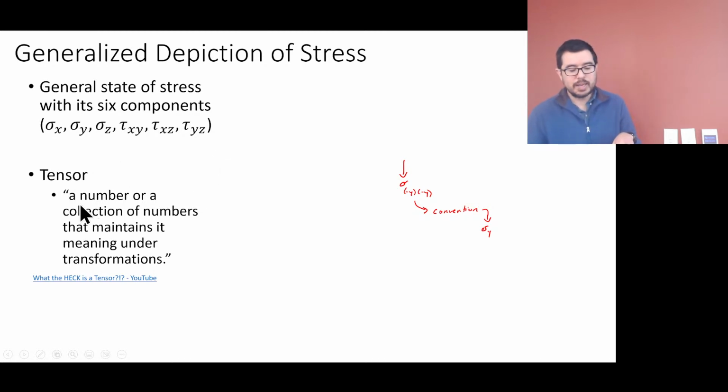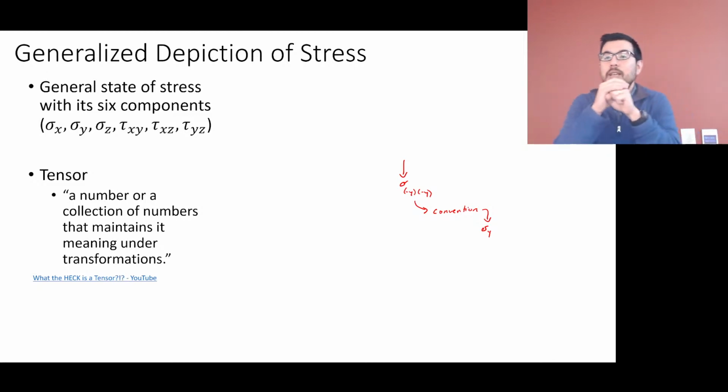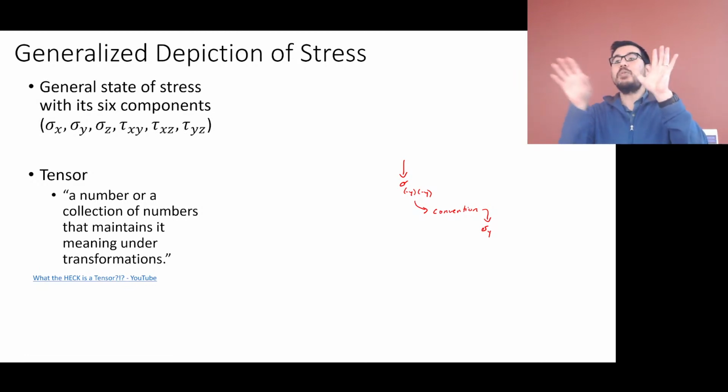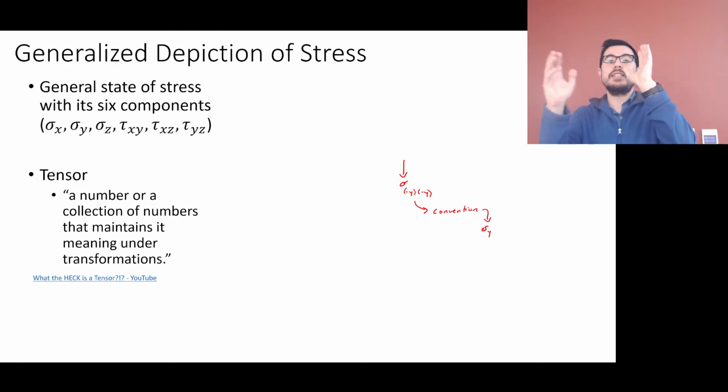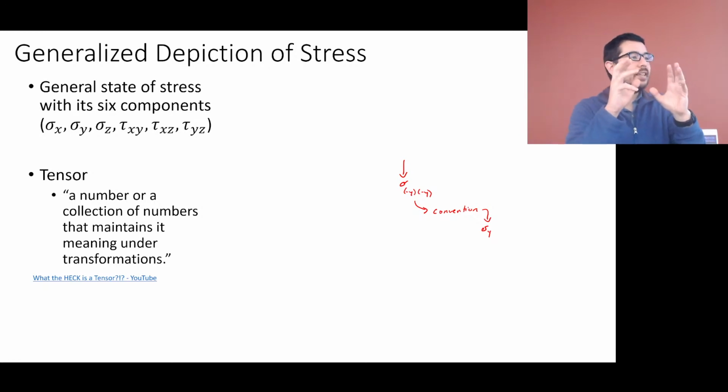A tensor is a number or a collection of numbers that maintains its meaning under transformations. So in other words, we've described stress at a point, and we have this beautiful sigma x, sigma y, sigma z, tau xy, tau xz, tau yz. We have all these 6 components of stress.